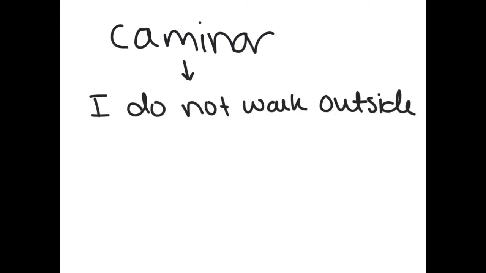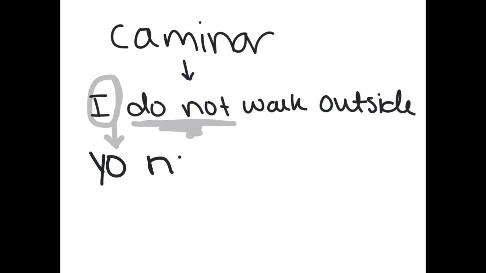An example with our other verb that we used as an example, caminar, I can also write another sentence. So the sentence is I do not walk outside. So I can write yo as that fits I, and then do not, this is where you have to remember you have to put the no. And the no always goes between the subject pronoun and the verb you conjugated, as I will show.